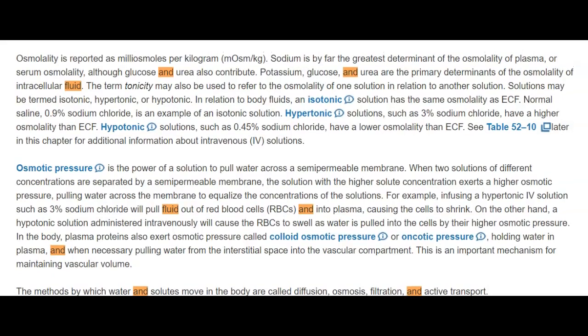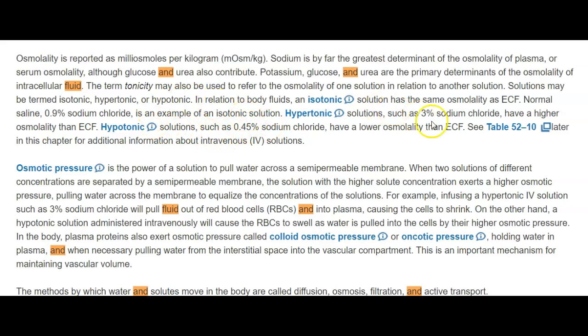Mainly in here, I would like you to pull out, in relation to the body fluids, that an isotonic solution has the same osmolality as ECF. Normal saline, or 0.9% sodium chloride, is an example of an isotonic solution. So I might ask, can you get an isotonic solution? You're like, oh my gosh, what is that?